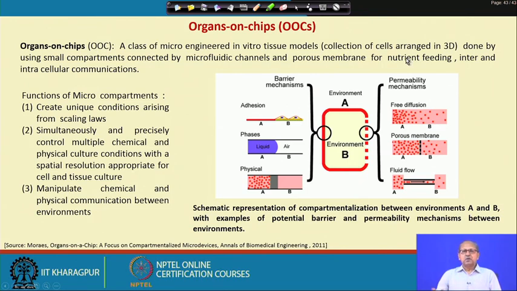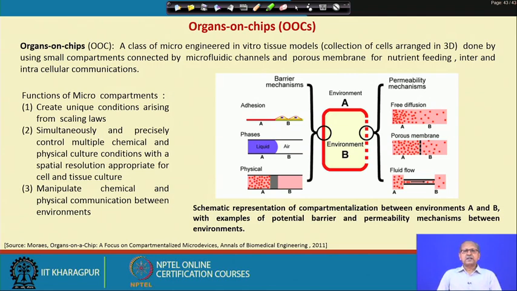Now, what do we mean by micro compartments? We know that different types of cells come together to make a tissue. Tissues are organized into an organ, then an organ system, then the whole living system.